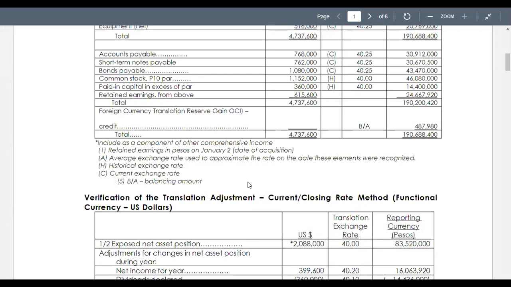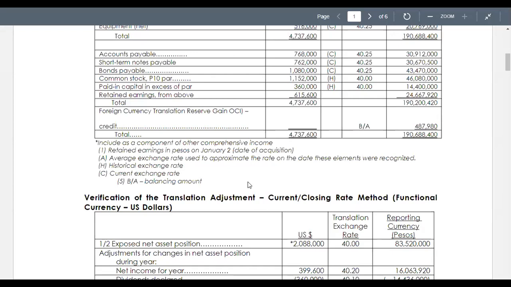I'll repeat, for the temporal method: accounts payable 0.16C, accounts receivable 0.16C, accumulated depreciation 0.26H, advertising 0.19A, buildings 0.26H, amortization of patents 0.25H.